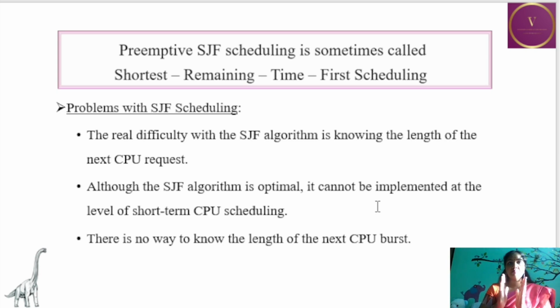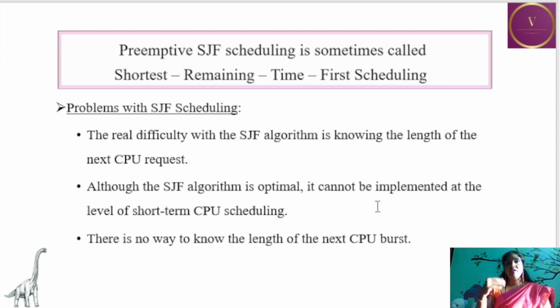That is the difficult part, and we will not be able to judge that remaining time. Only when we know the remaining CPU burst time can we use this, right?